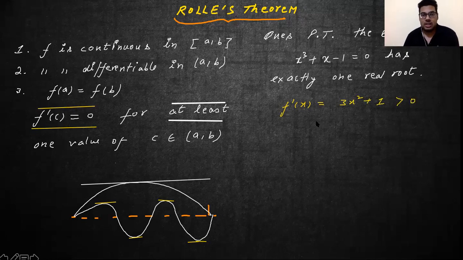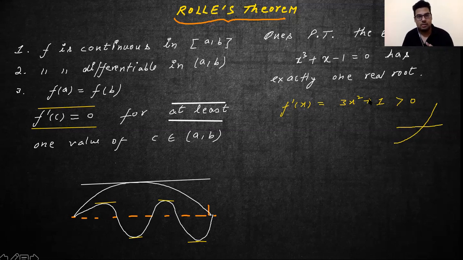Since the coefficient of x cube is positive, if you put minus infinity, it will go to minus infinity, and if you put plus infinity, it will go to plus infinity. So from minus infinity it is going to plus infinity. It will definitely cut the x-axis somewhere, and it will cut only once because this is an increasing function. So it has exactly one root, right? We have already discussed that. We can do that question with that method.